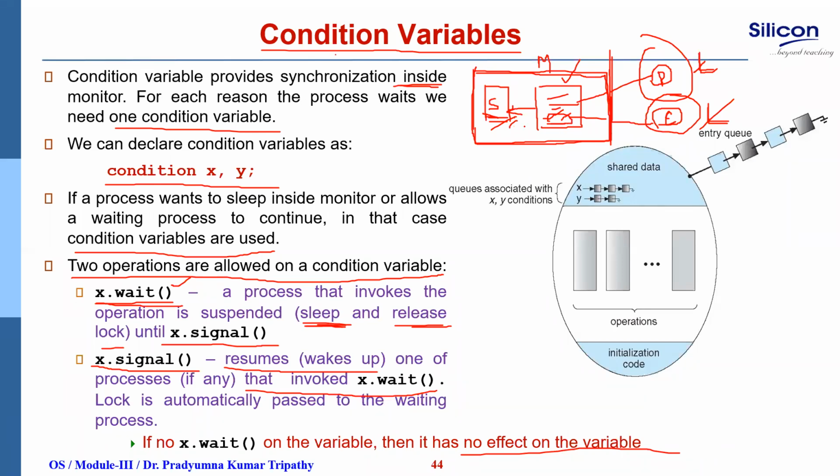To solve that, it invokes x dot wait, so it goes to sleep and releases the lock, and the producer can produce. After that, x dot signal can be called so the consumer becomes active. Is that understood? Yes, sir.